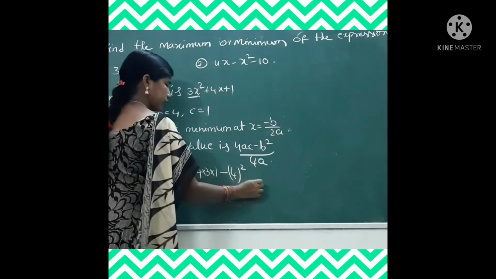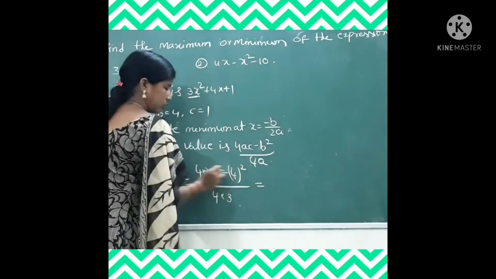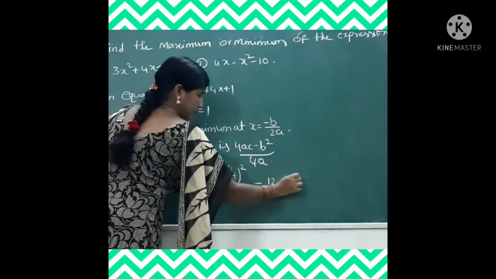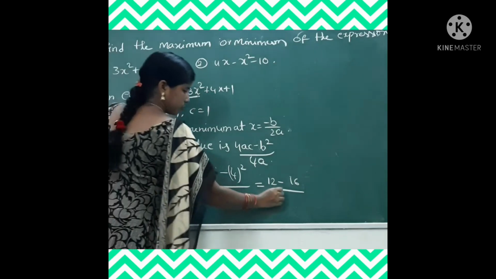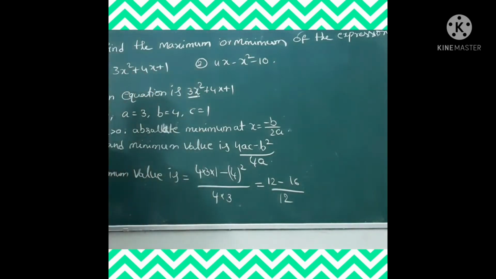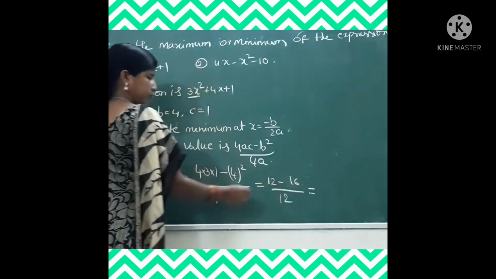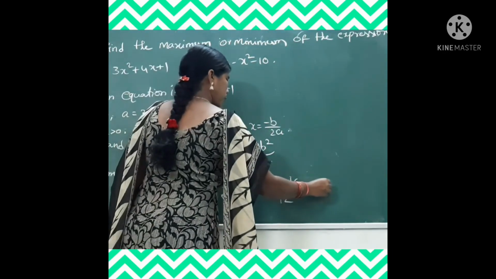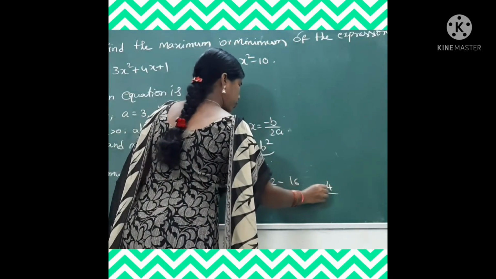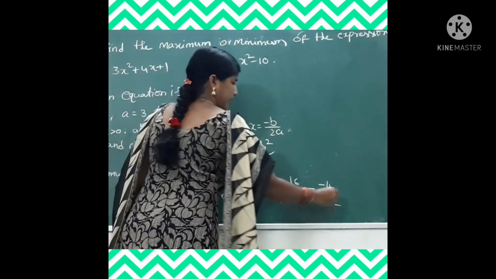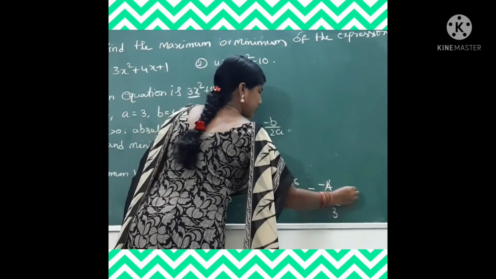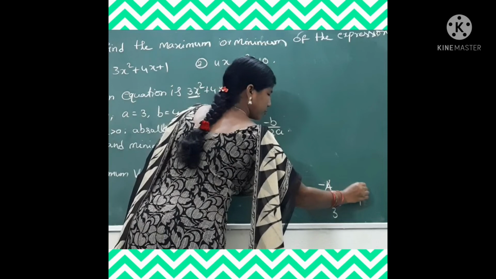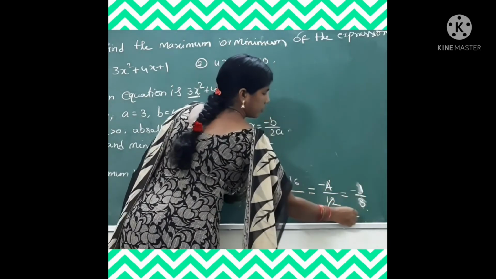Okay, now simplify this one. 4 3s are 12 and 12 1s are 12, minus 4 square means 16, by 12. Now 12 minus 16 is equal to minus 4 by 12. Again 4 3s are 12, so minus 1 by 3.